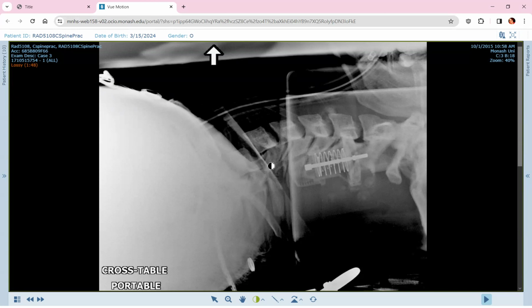But if we look at the movement, it's around at least 50%. And that would then indicate that this is a bilateral facet dislocation of C6 on C7, because there is at least 50% movement.